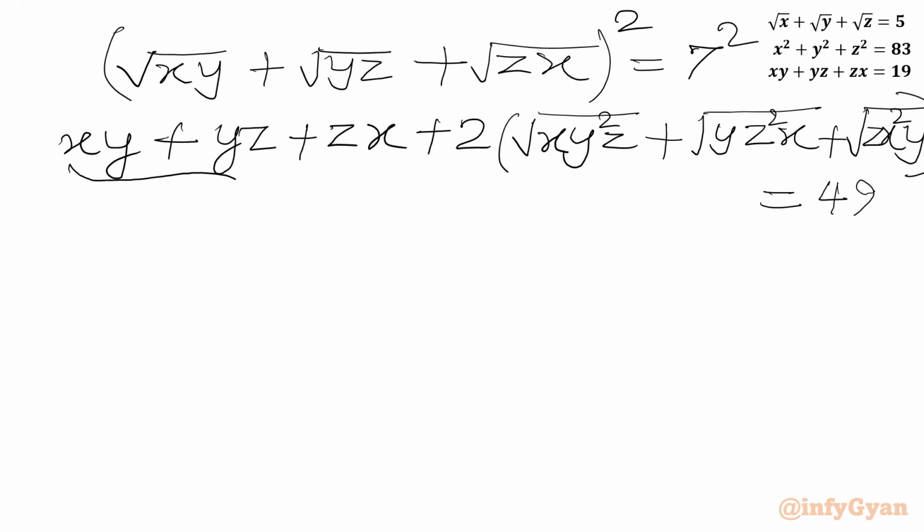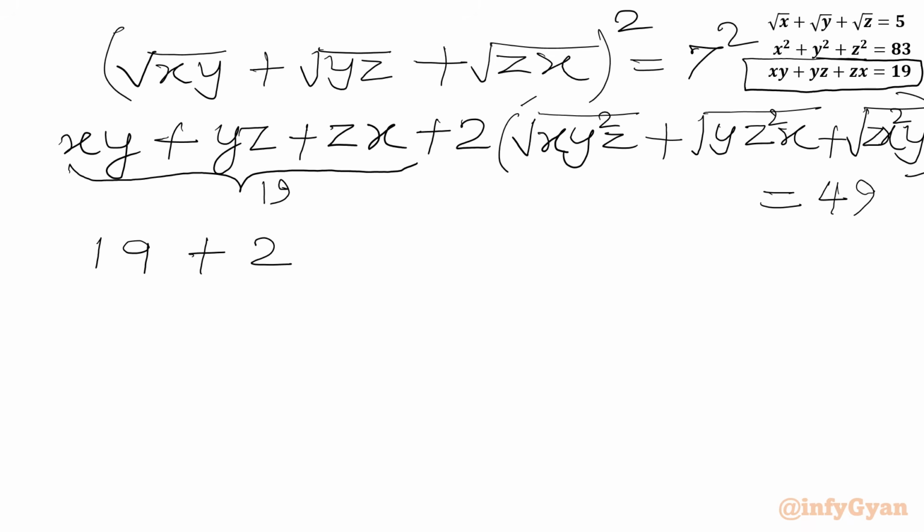Now xy plus yz plus zx, this is our equation number 3 in box. So we will write 19 here. So I can write 19 plus 2 times, from this bracket, can we take square root xyz common? Yes, we can. So square root xyz is common out.